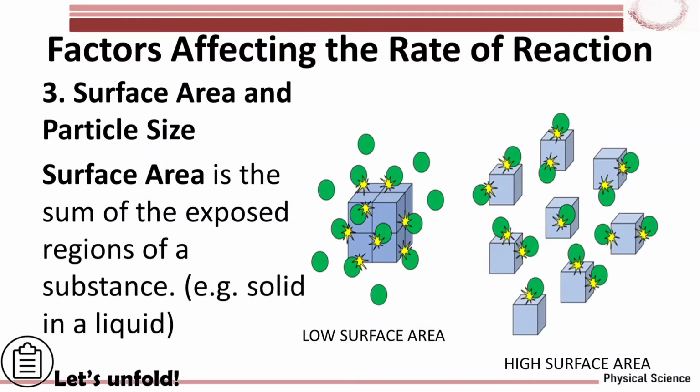Factor number 3, surface area and particle size. So pag sinabi nating surface area, ito yung area ng substance exposed doon sa another substance. So for example, itong image natin, sa first image natin, it has low surface area.